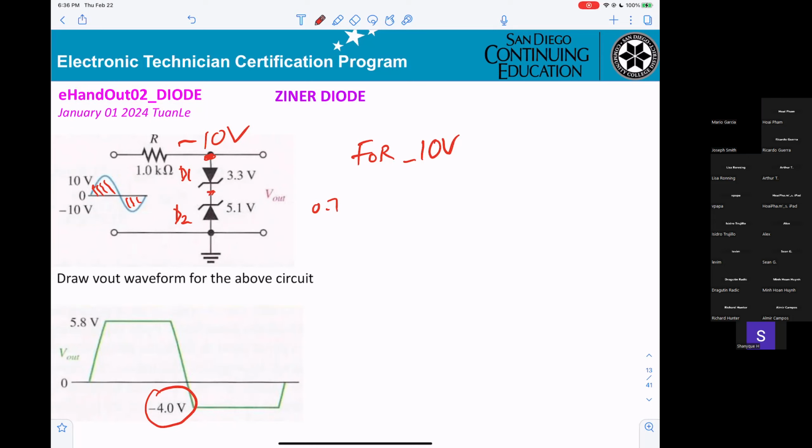That means higher than minus 10. So that's why D1 will break down. So that's why you can get VD1.